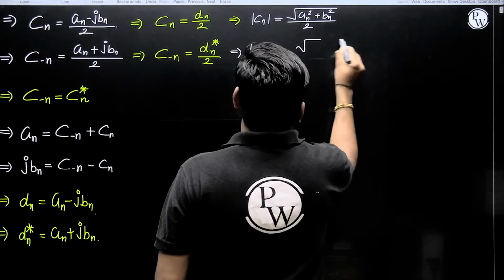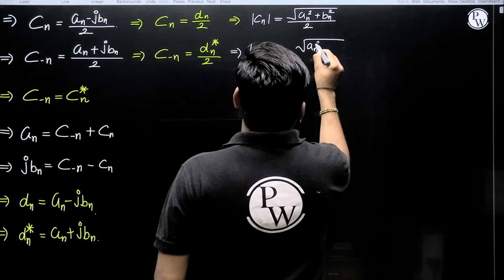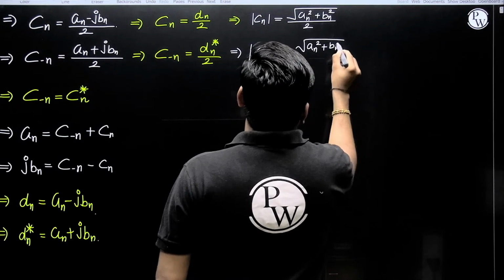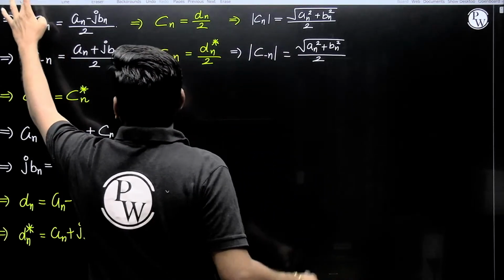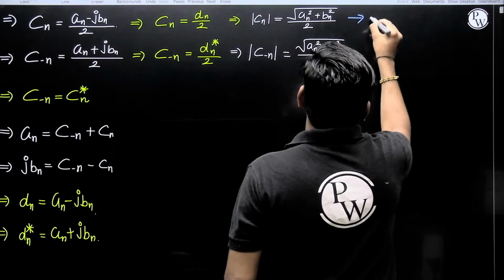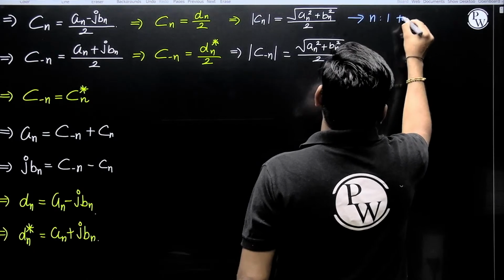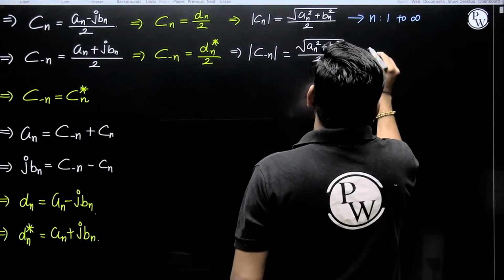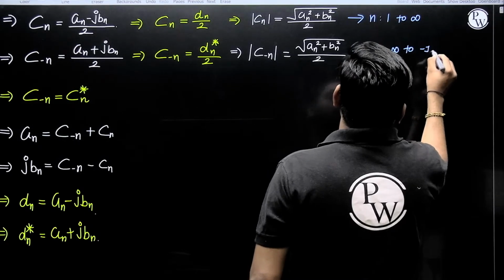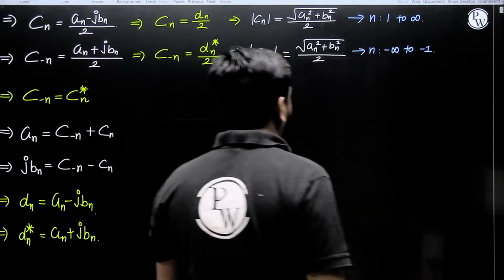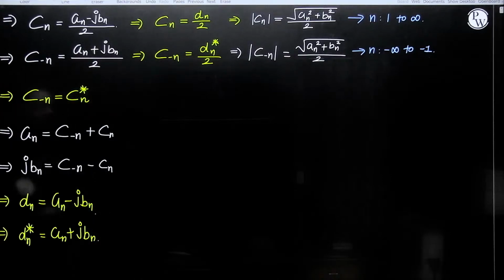Magnitude wise, okay, here for what guys? For the positive value of n, and for the negative value of n, minus 1, negative value of n, correct?